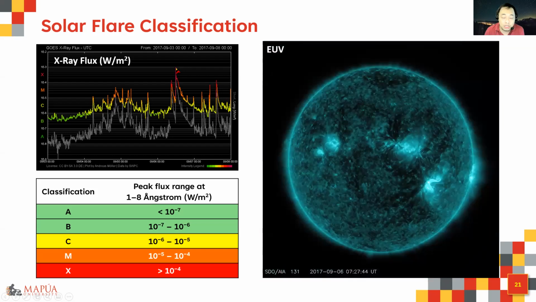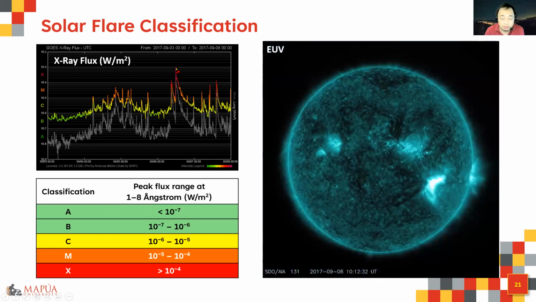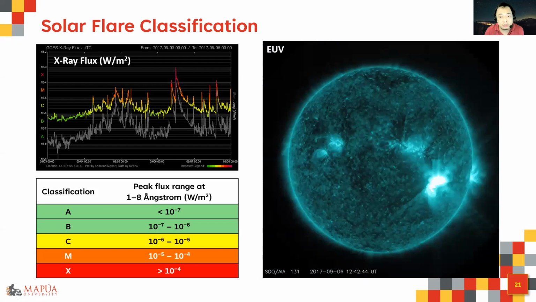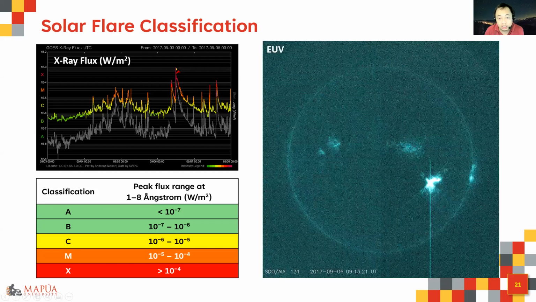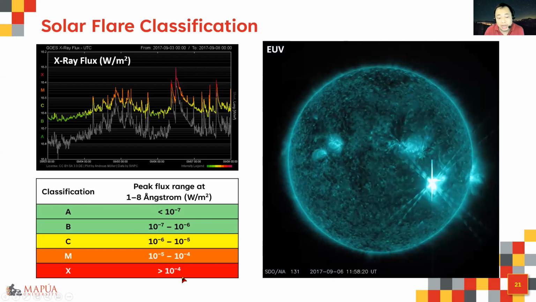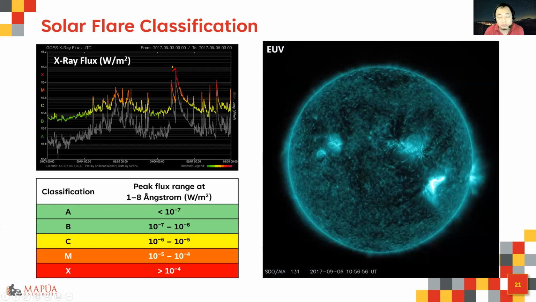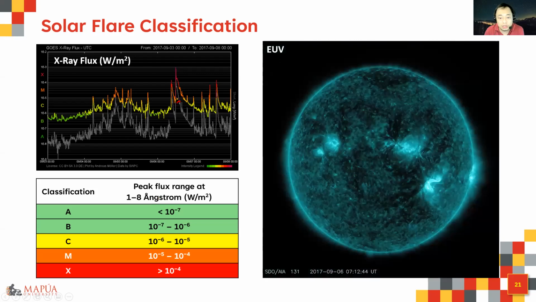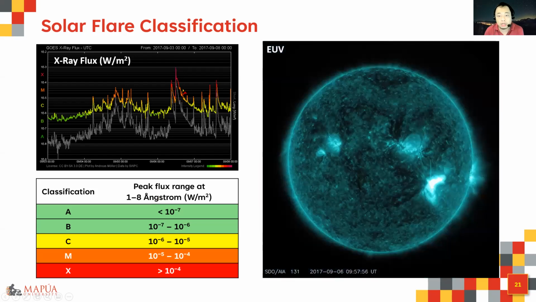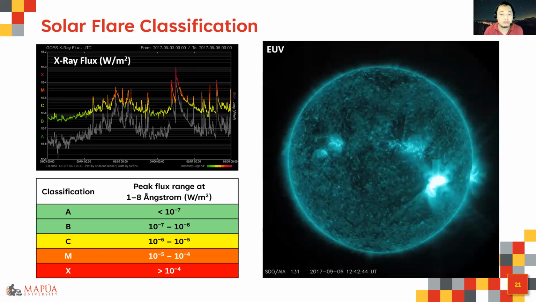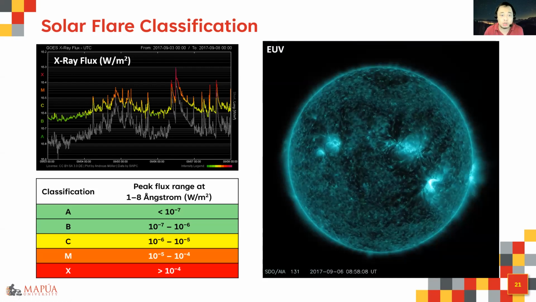And then this one is actually X9. More precisely, that's X9.3. So that means the peak flux of this solar flare reached about 9.3 times 10 to the negative 4 watts per square meter.